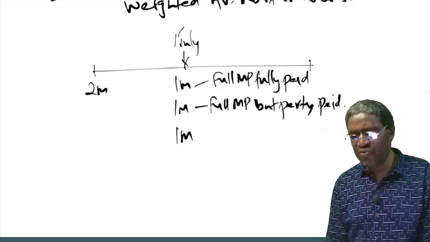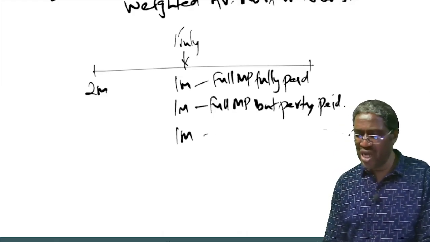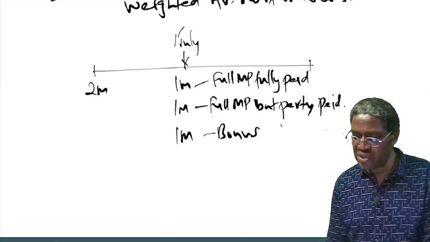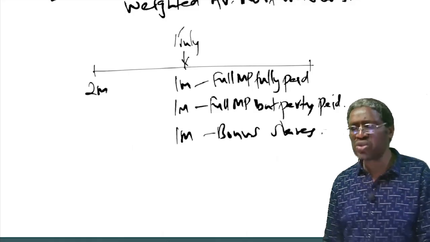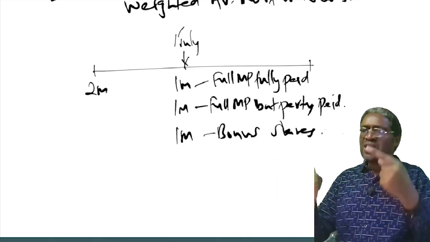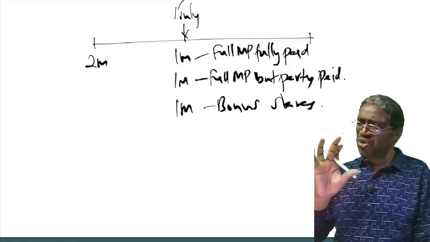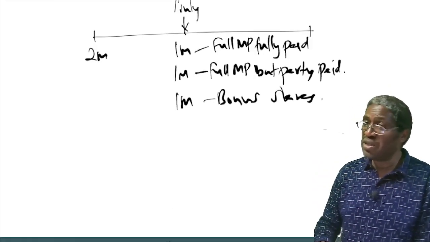Again, what if on 1st of July, your company issued 1 million shares as bonus shares? What are the rules on how to use bonus shares to compute what we are calling the weighted average number of shares? So you need to know the rules for each of these items that can affect the number of shares.